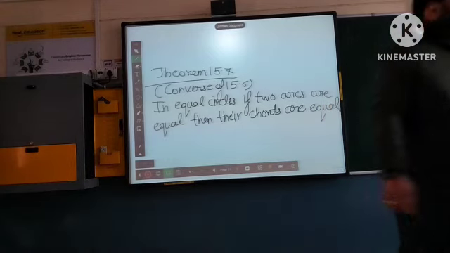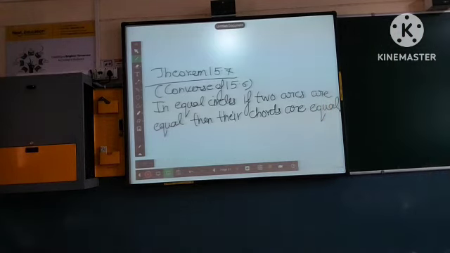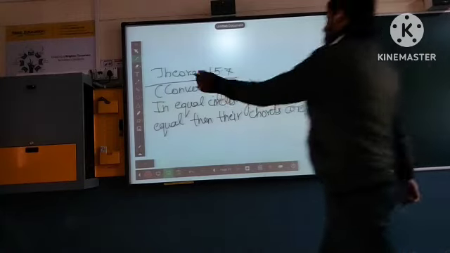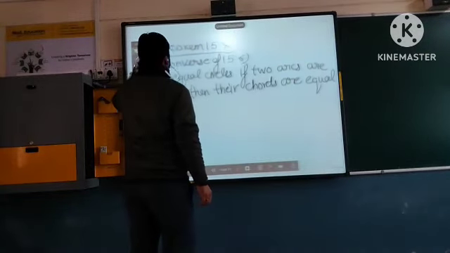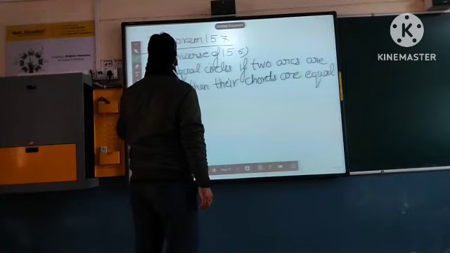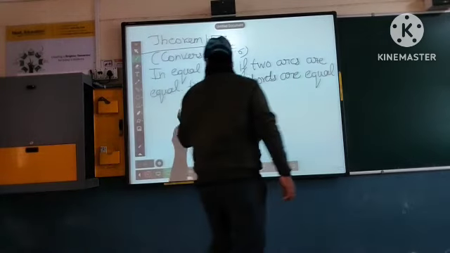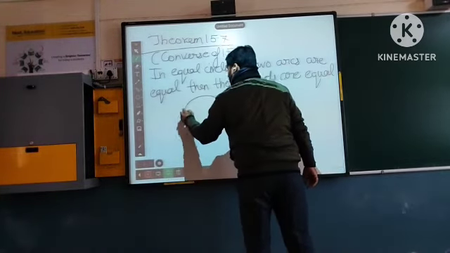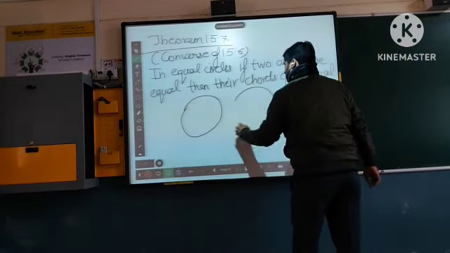Okay, that's what they are saying. So 15.7 is the converse of 15.6. This also has got two corollaries, corollary 1 and corollary 2. So let's draw it and see the diagram.